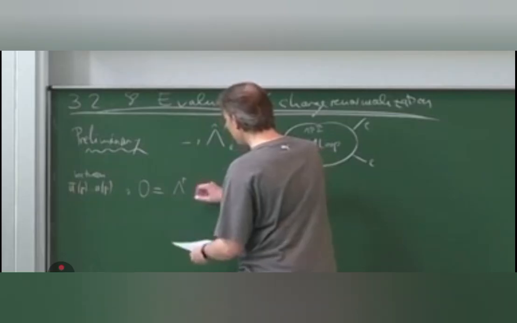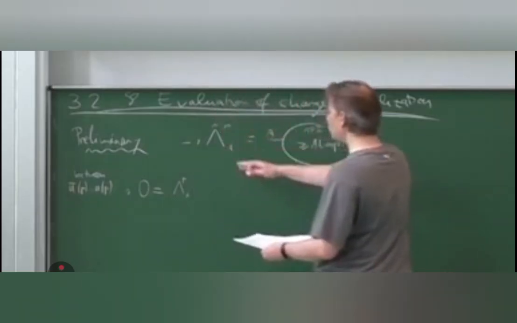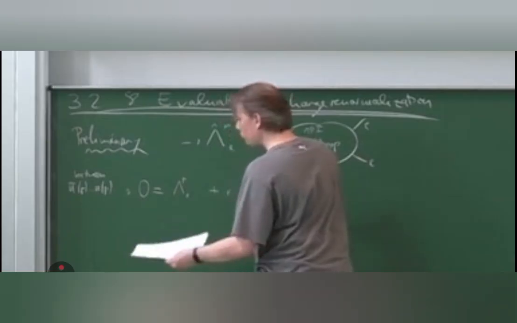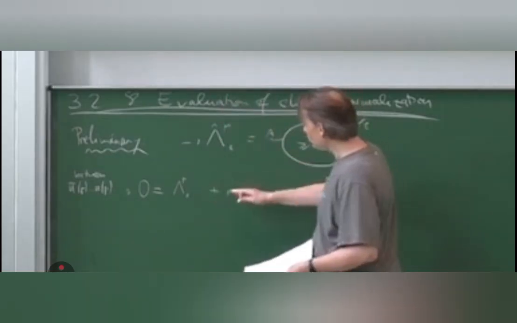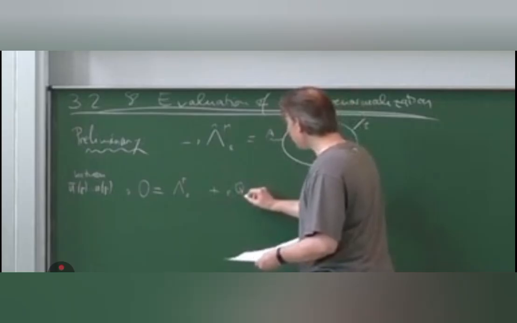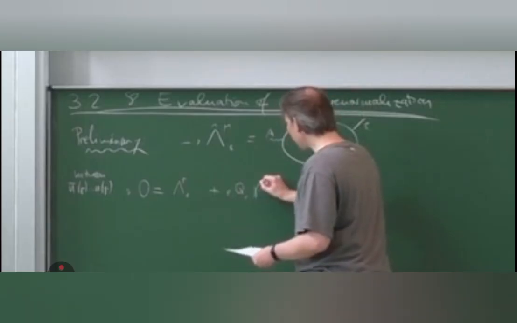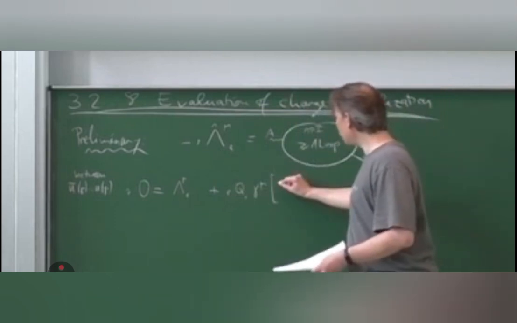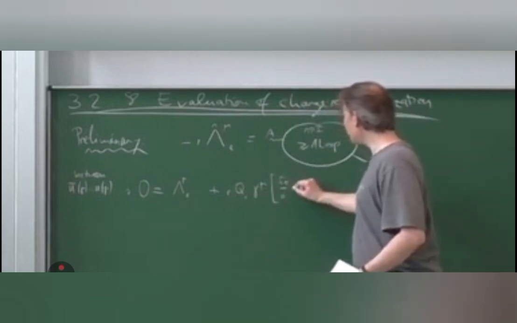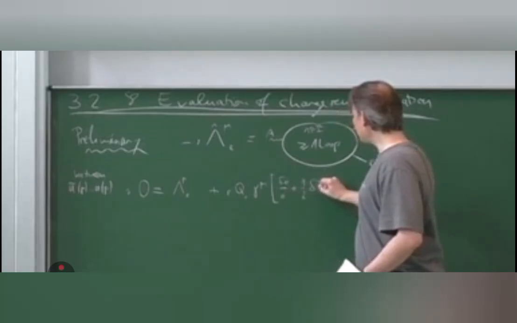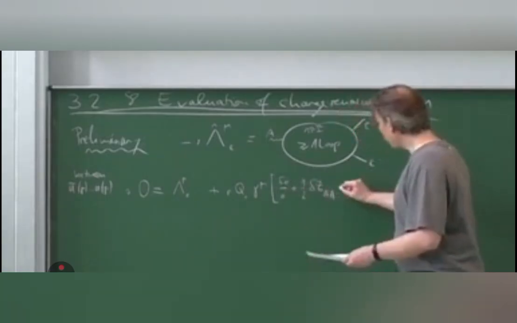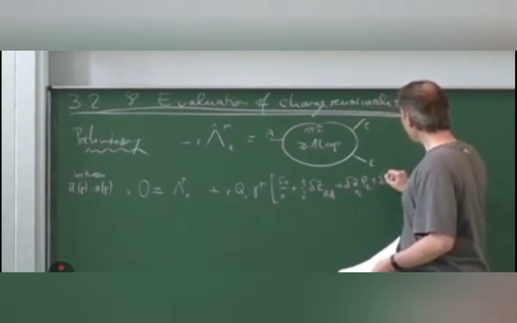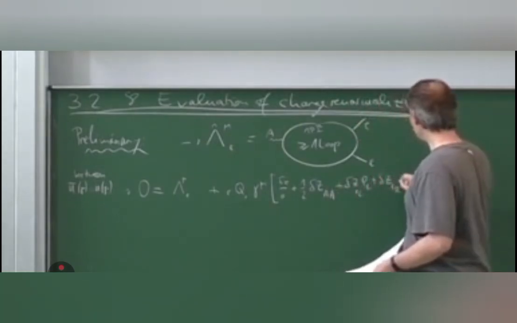Then we have lambda mu e, I drop the minus i, plus the renormalization constant contribution, plus e Q_e gamma mu, that is the photon tree-level vertex, and that is multiplied with renormalization constants delta e over e plus 1/2 delta Z_AA plus delta Z_eL P_left plus delta Z_eR P_right.